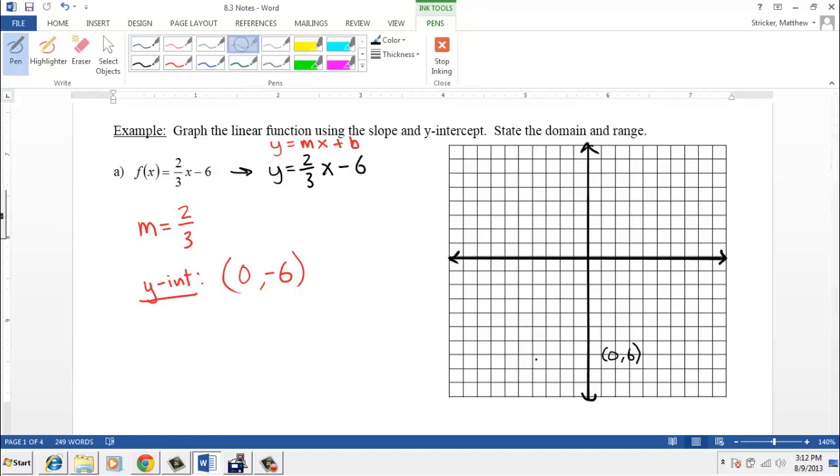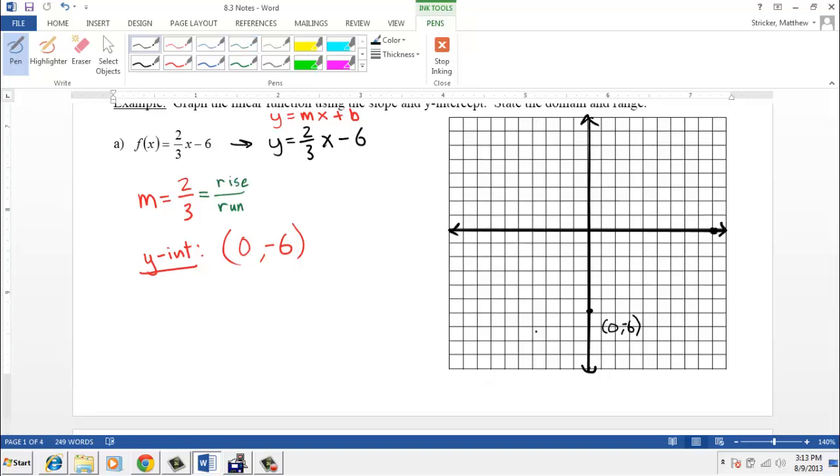Remember, this is oftentimes thought of as rise over run. To find multiple extra points on the graph, we can rise 2 and run 3. We can go up 2 over 3, which gives us the point 3, -4. And we could do it again.